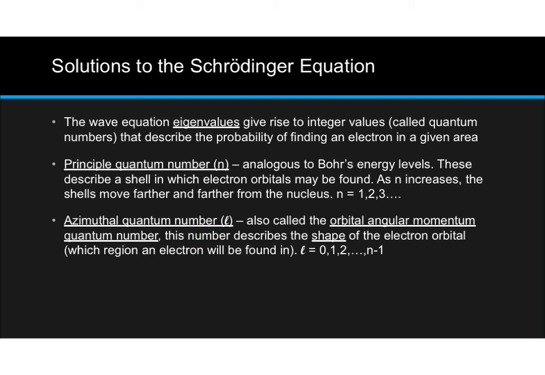Even though you might live on a street in a particular city, you're not always on your street. You might be going to school, you might be going to work. You're likely to be found on that street, but you're not always there. An electron is likely to be found in a particular orbital within a particular energy cloud.